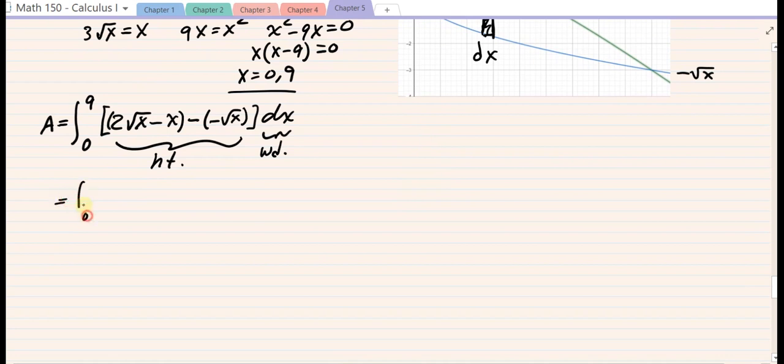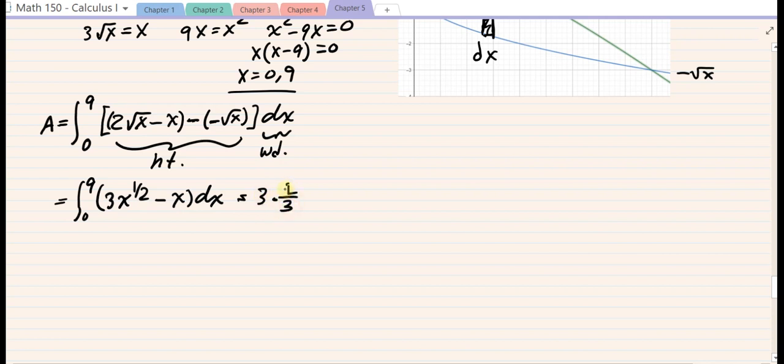And that means we have the limits of integration ranging from 0 to 9 of, if I simplify this now, again, the double negative on root x makes positive. 2 root x and root x makes 3 root x, which I can write as 3x to a half minus x dx. Okay, and then the integral of 3x to a half would be 3 times, a half plus 1 is 3 halves.